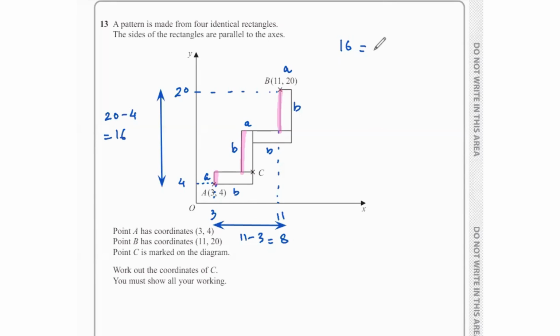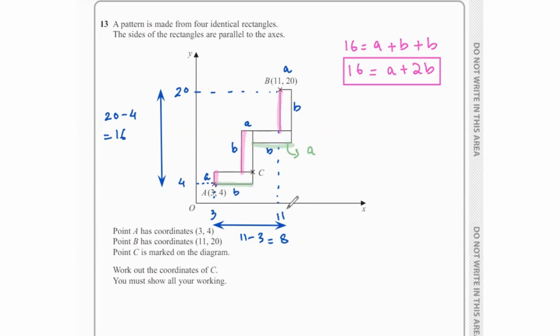So 16 equals A plus B plus B, so that is A plus 2B. That is your first equation. Then next, if we look at the horizontal part, we have B, we have B, and this part over here, A, gets subtracted because 11 stops over here.